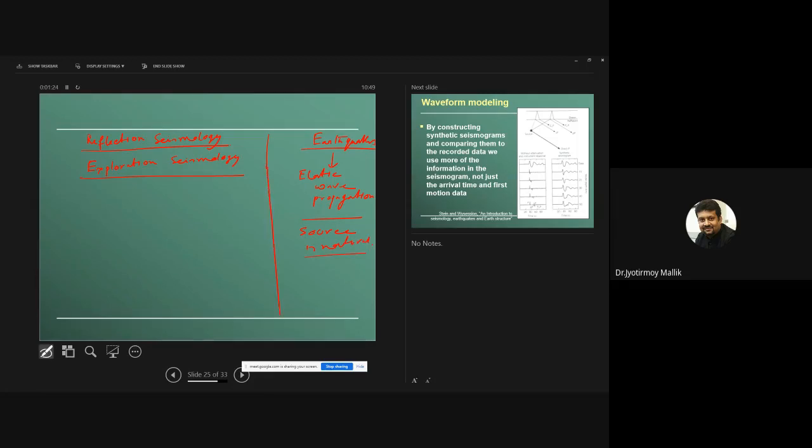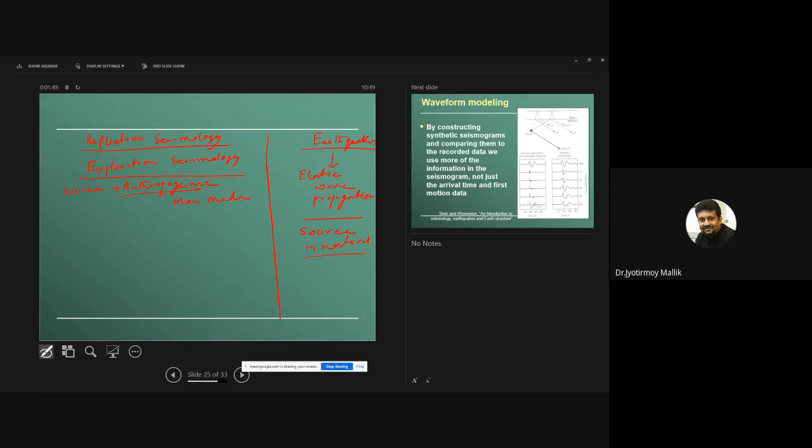In exploration seismology, the basic difference is your source is anthropogenic or man-made. The basic principles are still the same, but the source is anthropogenic or man-made.